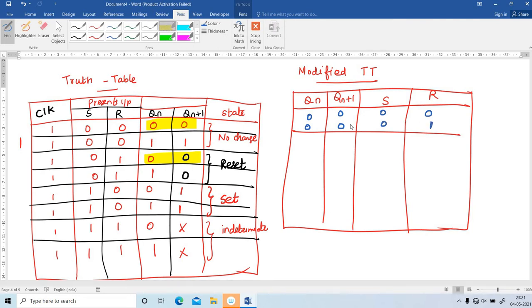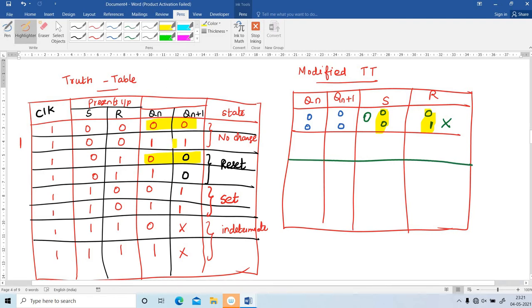Okay, how to write this? S is no change. So simply write 0 and R is changed from 0 to 1. So I have to put the value as X. And next consider 1, 1. Here 1, 1.